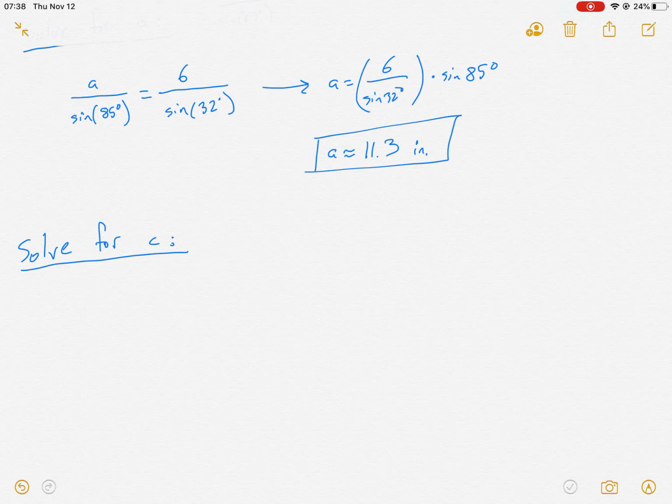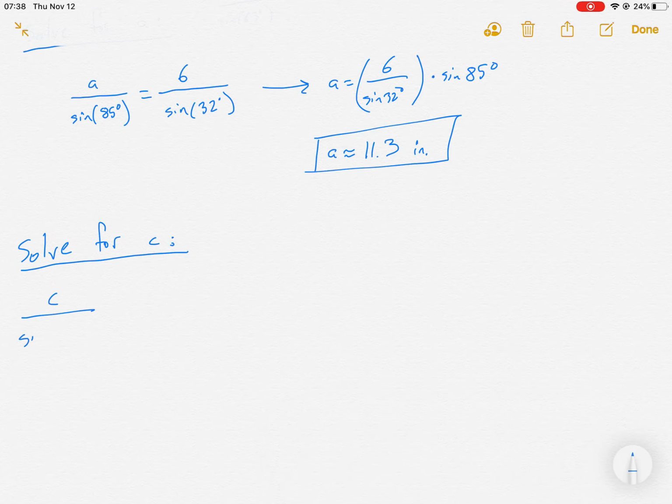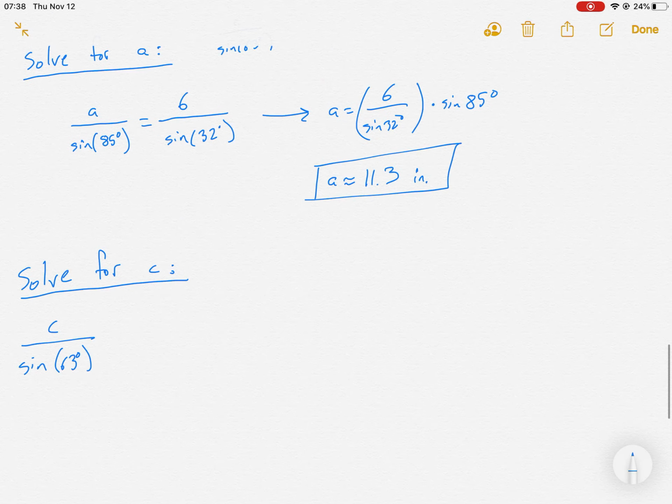So we'll say C over sine of my angle, which was 63, equals B over sine of its angle. And so then solving for C, just like we did above, I would end up with 6 times sine of 63 divided by sine of 32, and I end up with about 10.1.